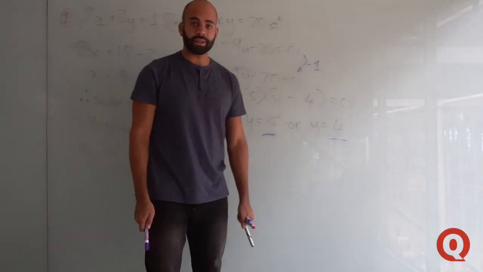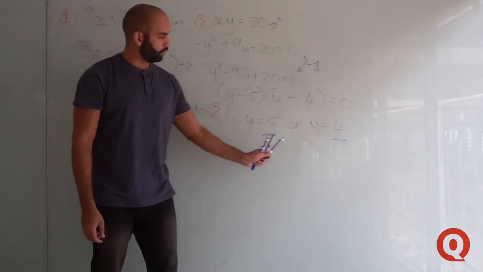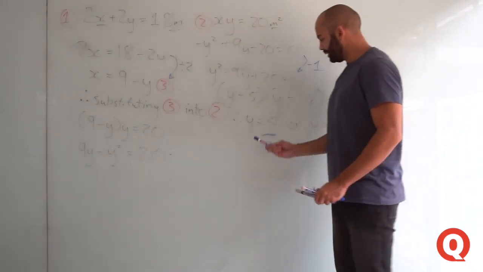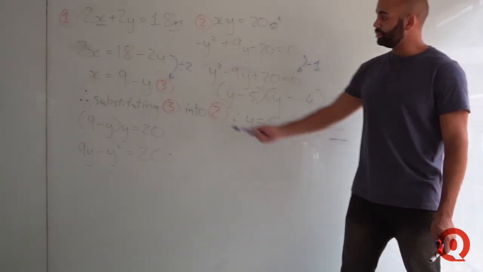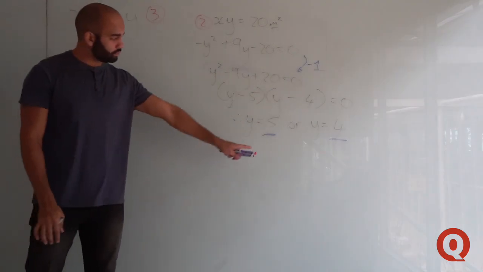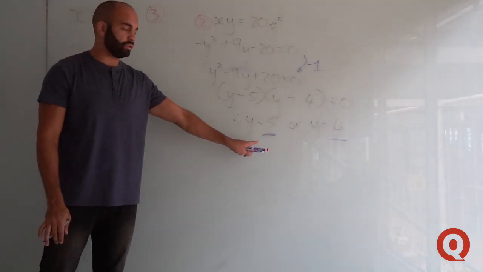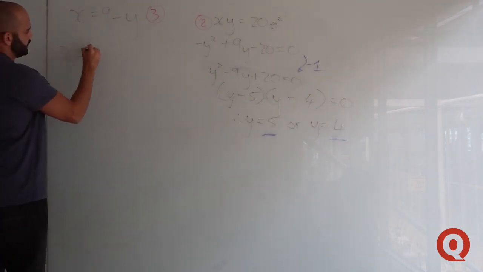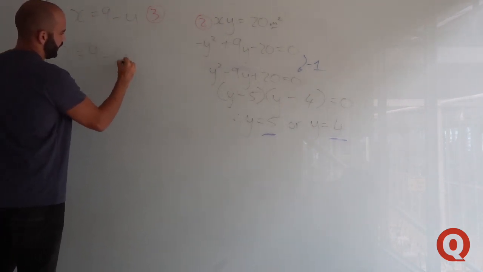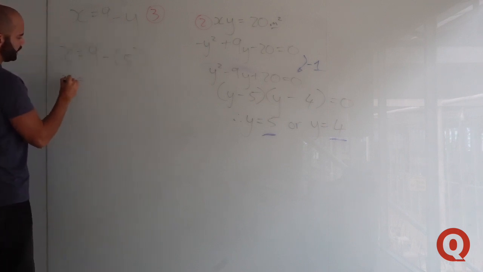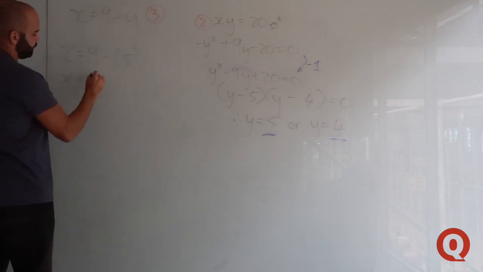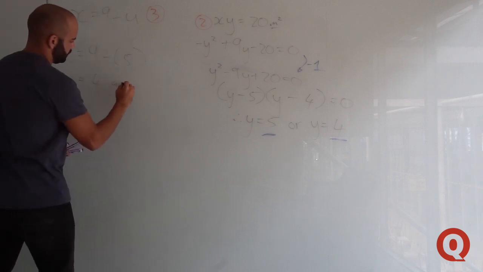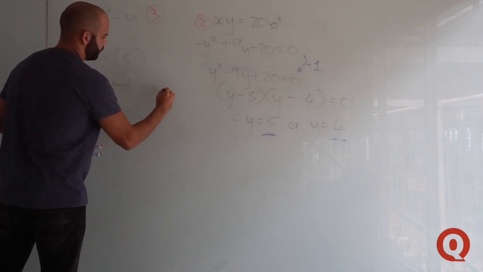And same like the previous example, you solve for y. Now you would want to substitute back these two results into equation 3. Substituting our first solution of y equal to 5, we would have x equals 9 minus 5, which would be x equals 4. That would be our first result, and y must be equal to 5.